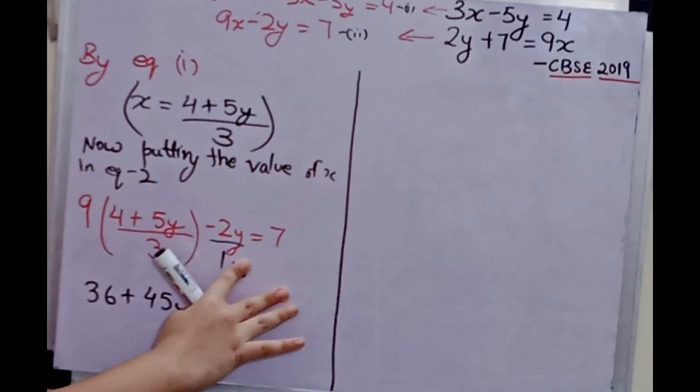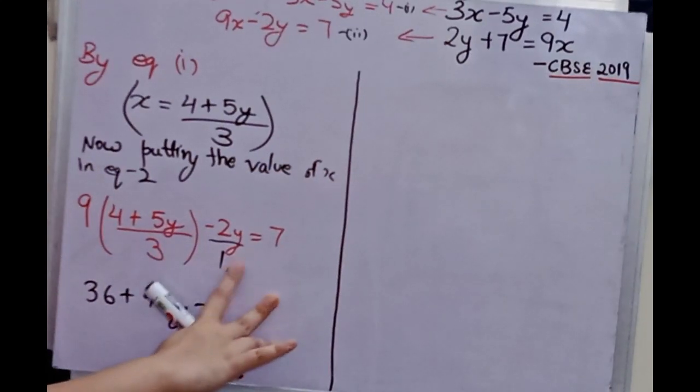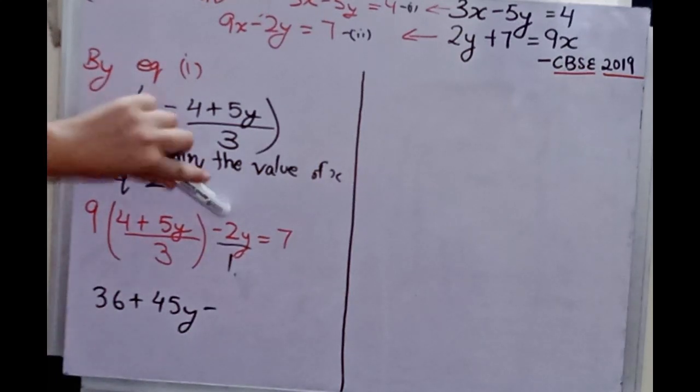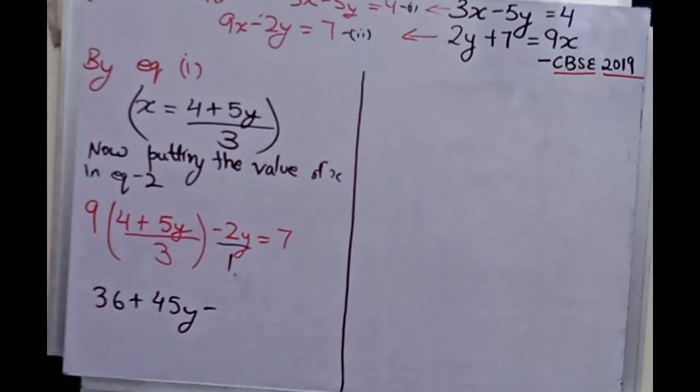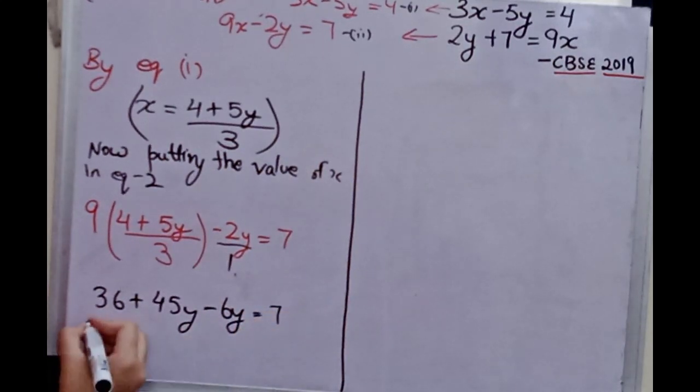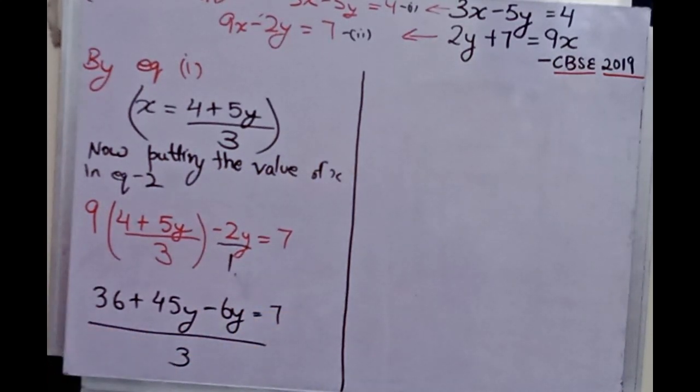And when you multiply the denominator with 3, you have to do the same with the numerator as well. The numerator also needs to be multiplied by 3, and it will give me 6y equals 7, and this whole by 3.